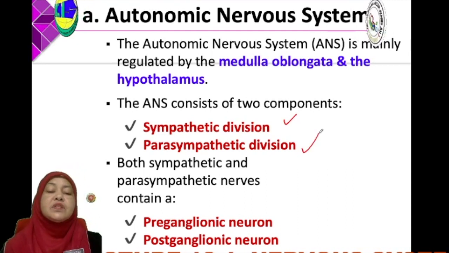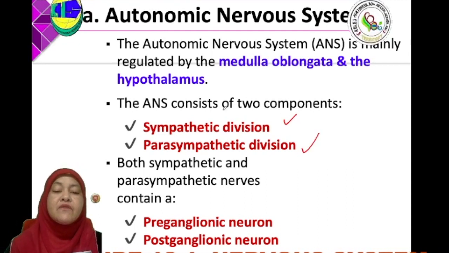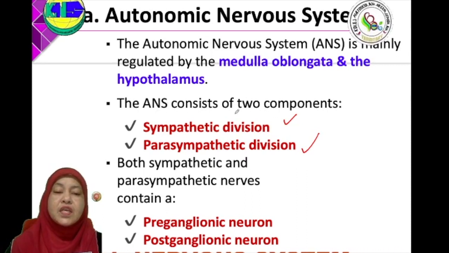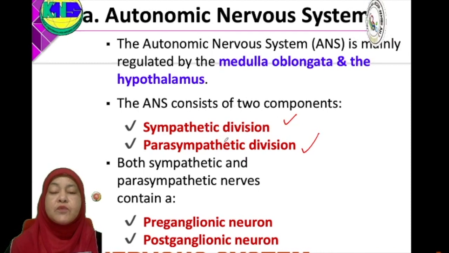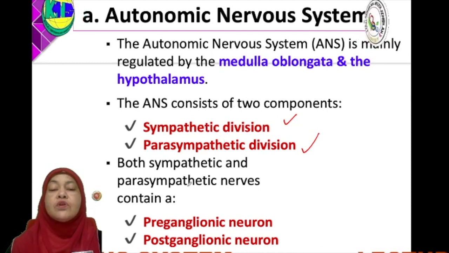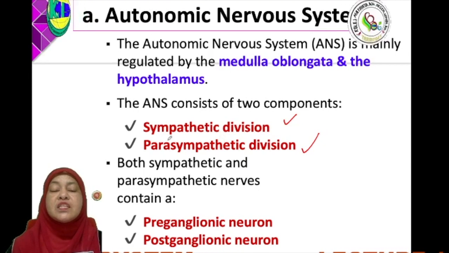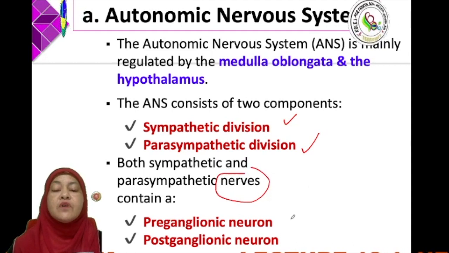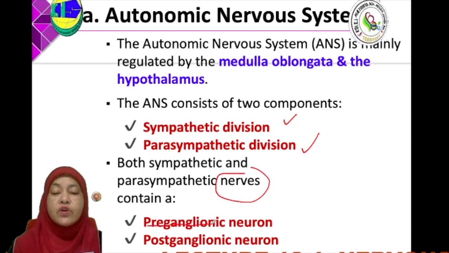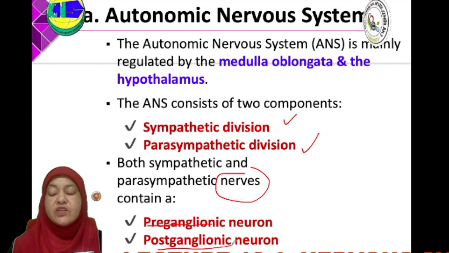From the flow chart that the teacher showed just now, you will understand that the autonomic pathway has two types of nerve cells, known as the preganglionic neuron and the postganglionic neuron.